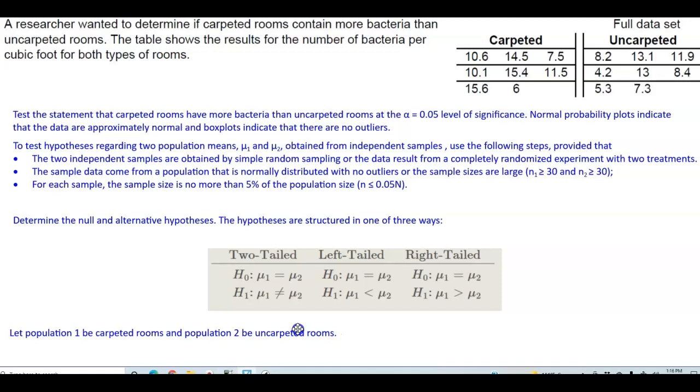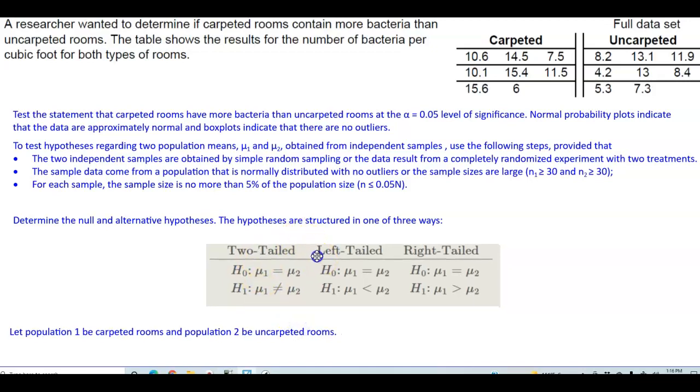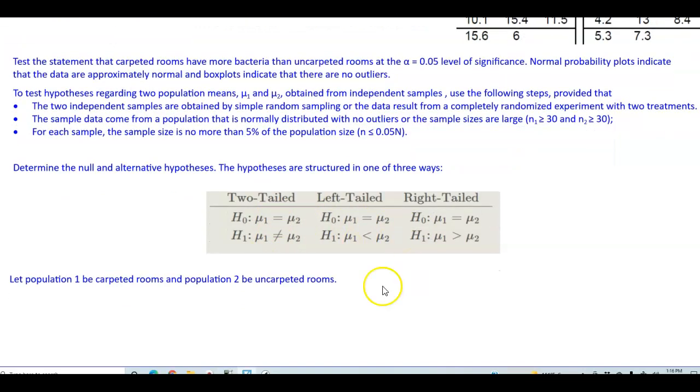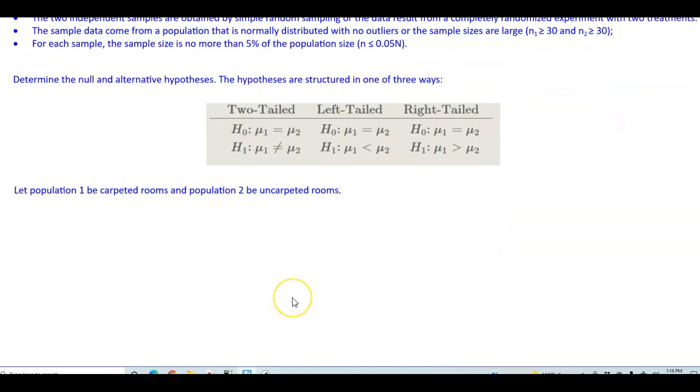Now, to determine the null and the alternative hypothesis, the hypotheses are structured in three ways. Two-tailed is equal, not equal. Left-tailed is equal, less than. And right-tailed is equal and greater than, where the null has population mean 1 equal to population mean 2. Now, let population 1 be the carpeted rooms and population 2 be the uncarpeted rooms.